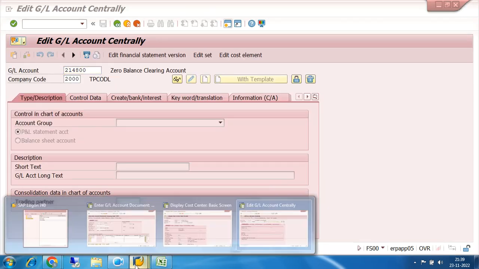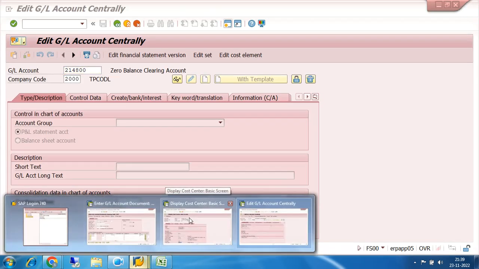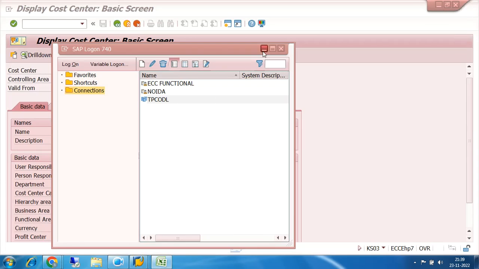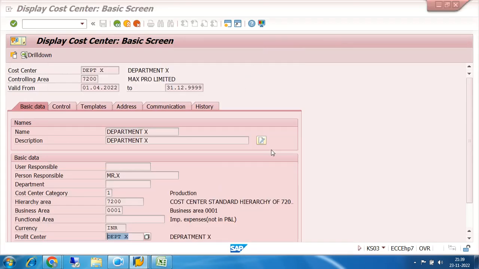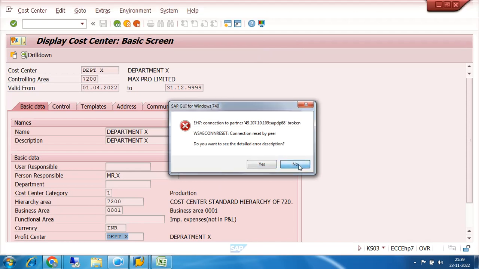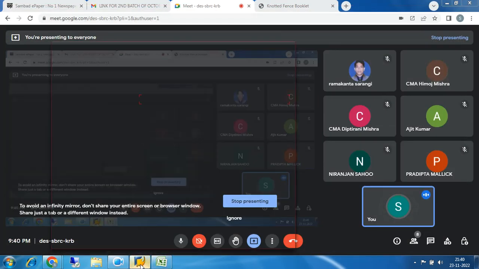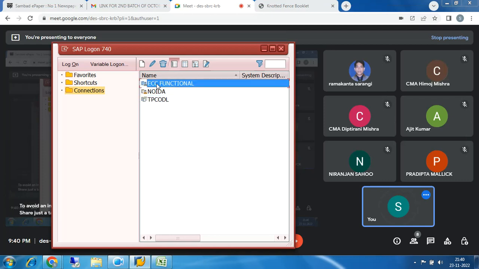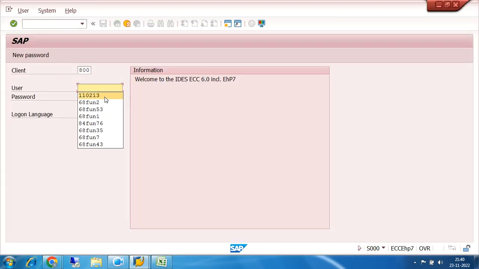Okay, so any questions regarding this zero balance clearing and segment document splitting? Any further questions regarding the zero balance clearing and document splitting concept?